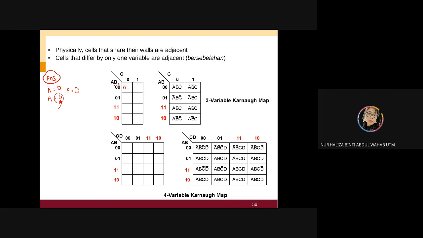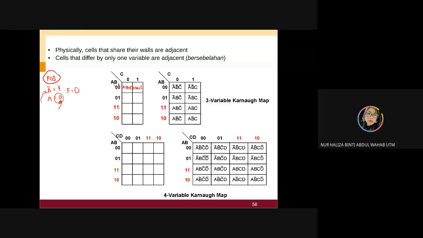You're going to get A plus B plus C, with C also 0. For this cell, we have A is 0 plus B is 0 plus C is 1, so C bar. Why C bar? Because C equal to 1.